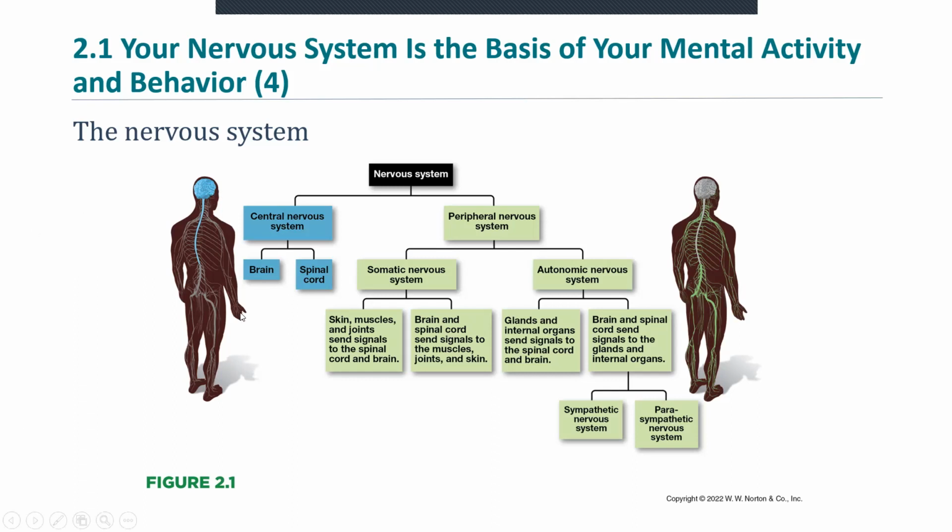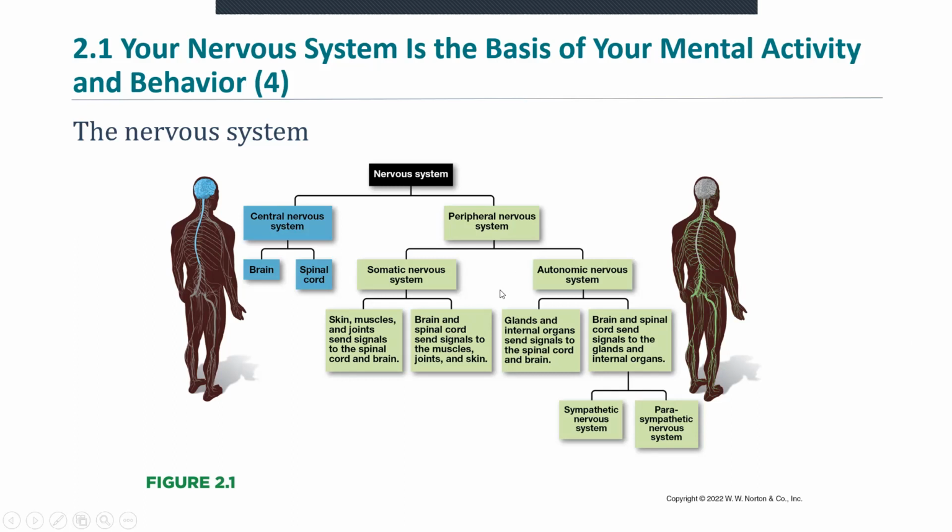Your brain is inside your skull, which is bone. Your spinal cord is encased in bone as well. Your peripheral nervous system, however, is not encased in bone. Once again, it's everything except for the brain and spinal cord. You can see in the picture on the right that it extends throughout your arms and legs and throughout your whole body, really.